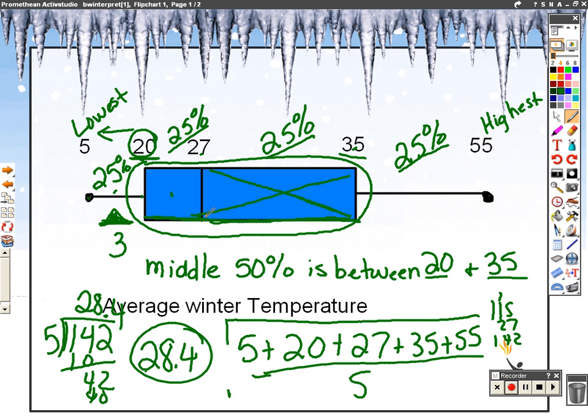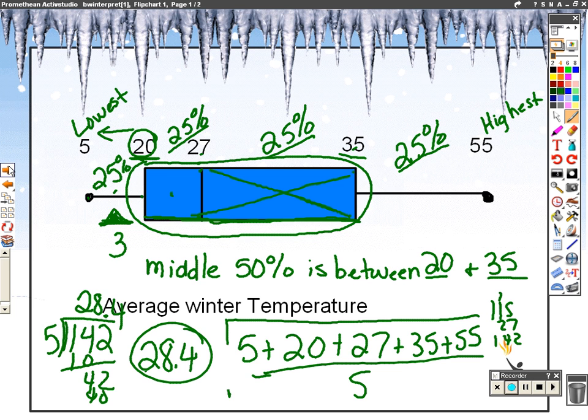It covers more numbers, the range from 27 to 35. So my mean is somewhere between 27 and 35. Well, 28.4 is between 27 and 35. They usually ask for an estimate, and they give you multiple choice, so you would pick a number that's between 27 and 35 on that one.